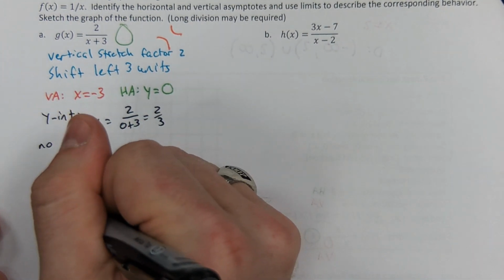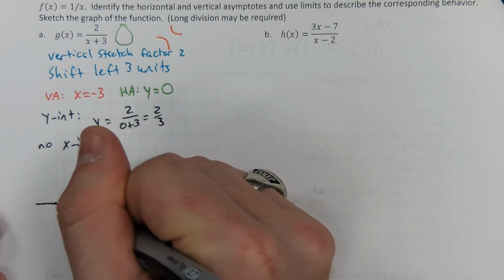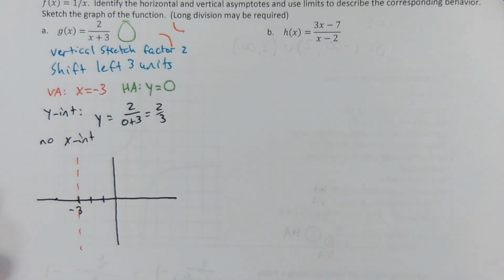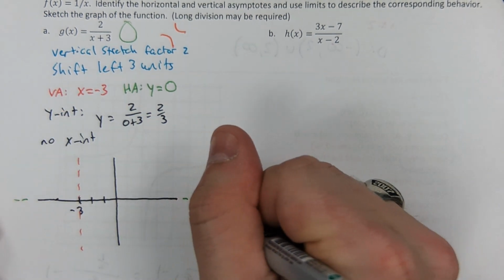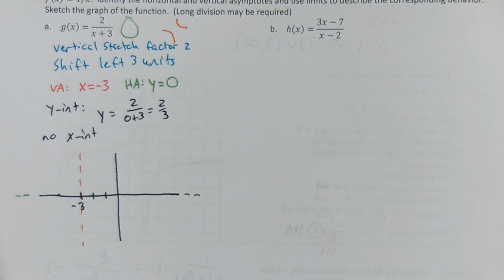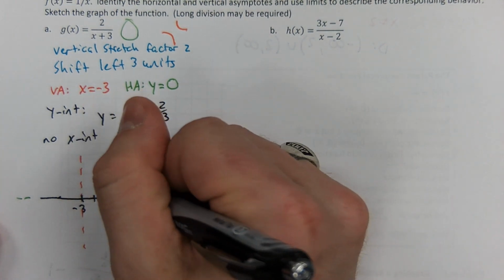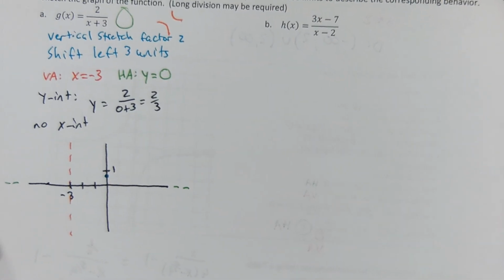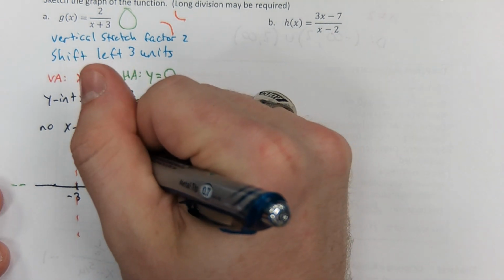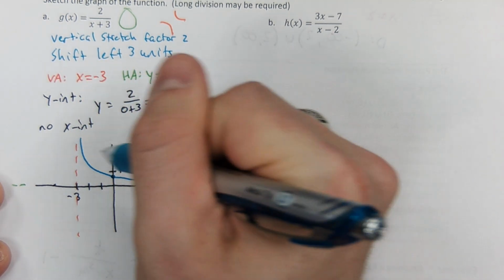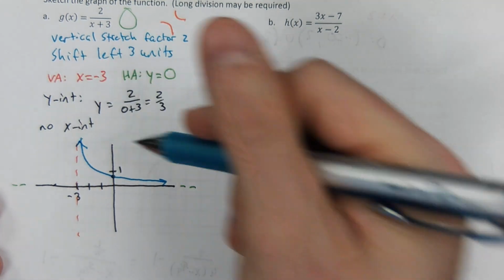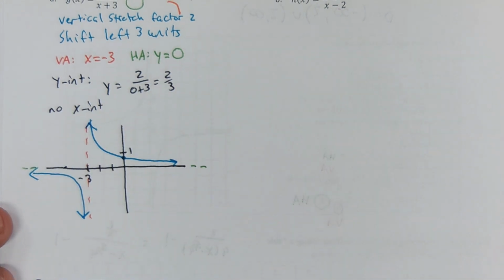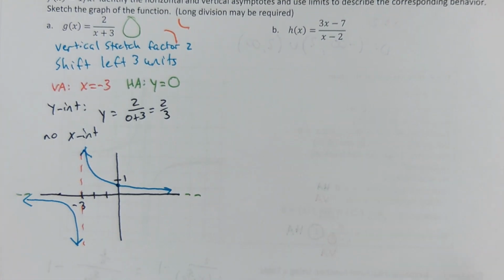We have a vertical asymptote at x equals -3 and a horizontal asymptote at the x-axis. And we know we cross the y-axis at +2/3. So if this is 1, I cross the y-axis here-ish. That means this graph exists here, and then down here. It has to get infinitely close to both of its asymptotes, and we know it had that shape. So it looks something like that.